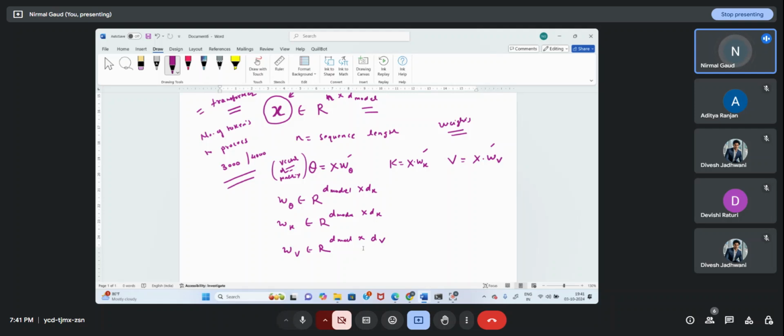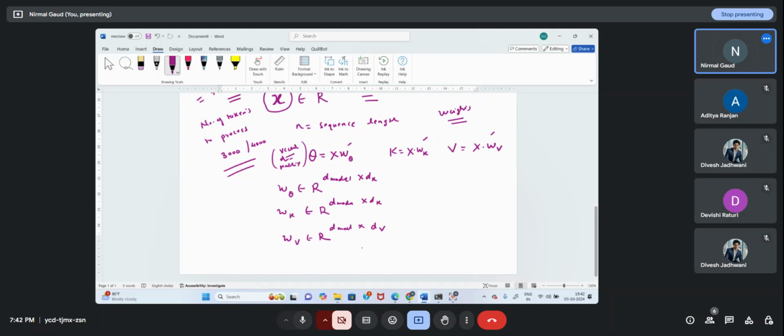And if you ask me, sir, you are writing d model, so let us suppose the model dimension is the input dimension.